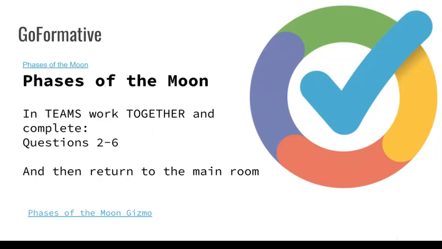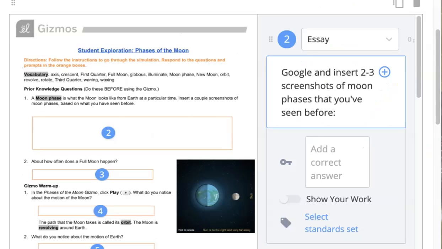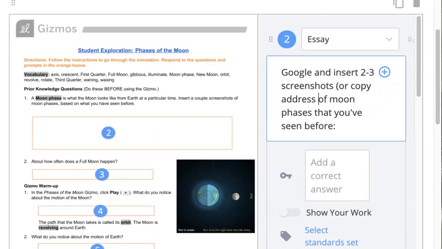Another area that first period struggled with is inserting screenshots. Okay, maybe I can add in here, Google and insert 2 to 3 screenshots. I'm going to put in here, or copy address. What is it called? Is it called URL? Images.